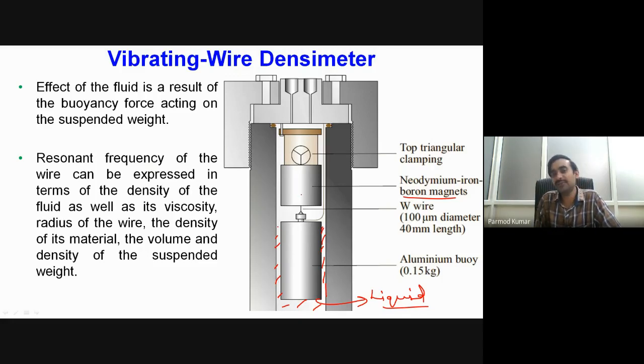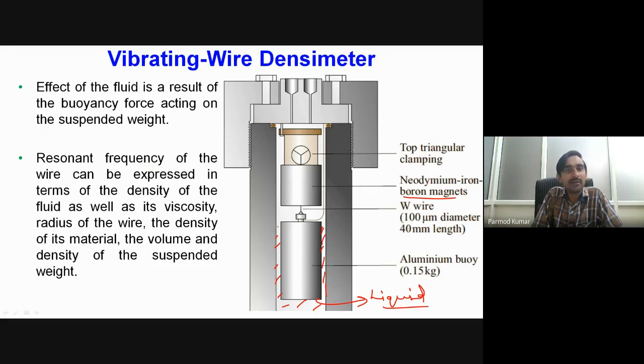This triangular clamp keeps the magnets in a fixed location. Okay, and this magnet will be giving the excitation frequency for vibration of this wire, and depending upon the vibration of the wire, if we are having liquids over here, the liquids will change the vibration or oscillation characteristics, and by relating that change of the characteristics, as I have told you in the earlier slide, we can find out the density.